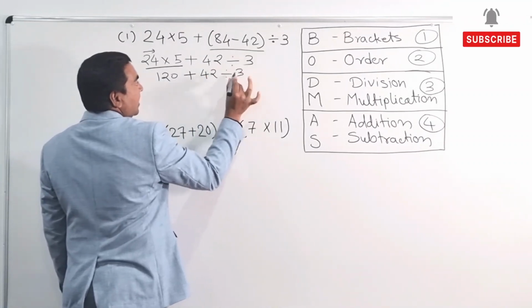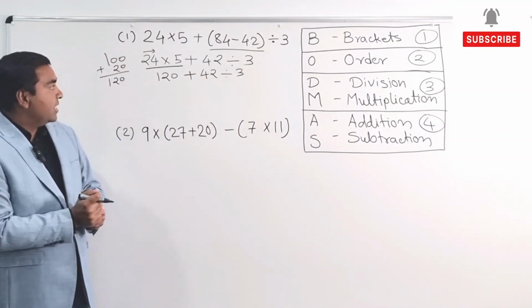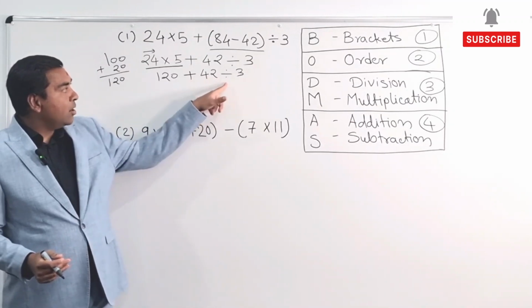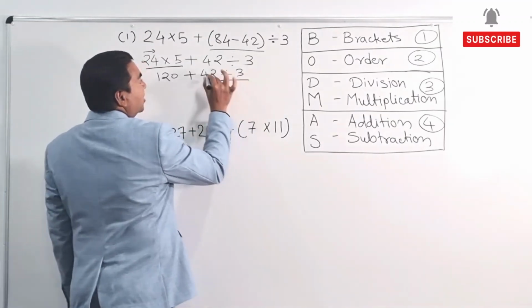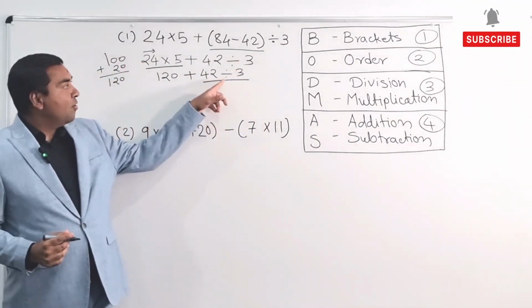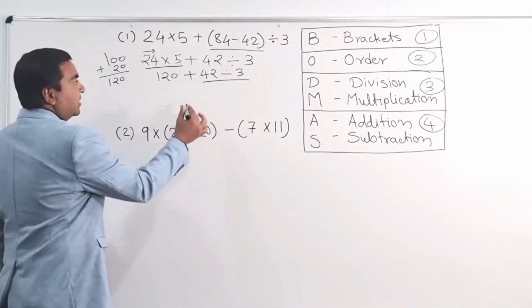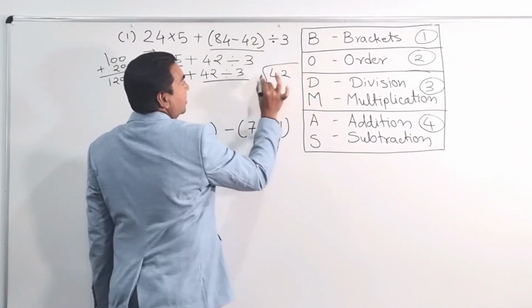As you can see, I did only one operation at a time. Now again, I got a plus, I got a division. So my priority will be this division. So I'll be just focusing here. 42 divided by 3. And as we know, 14 3s are 42. Let us say if you've got a bit of trouble in that, you can also do a short division here, 42 and then 3.